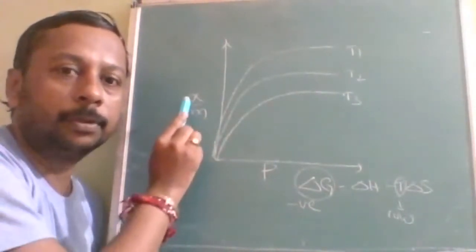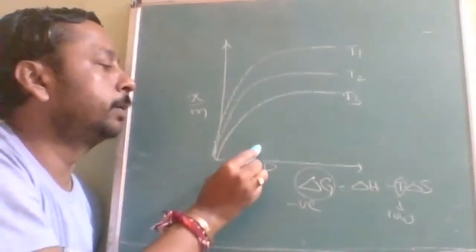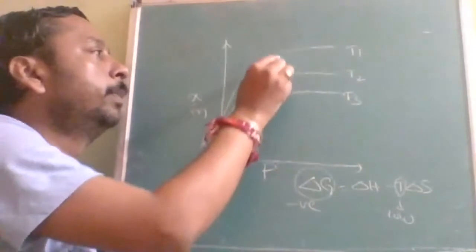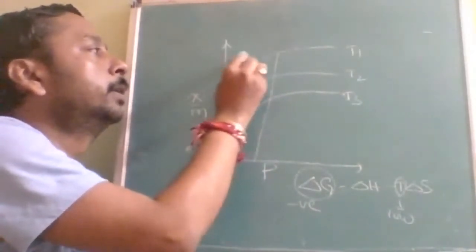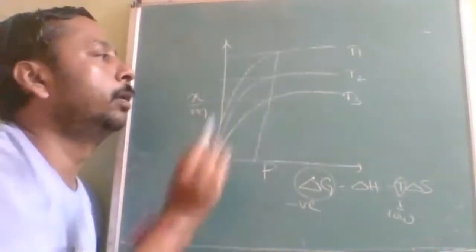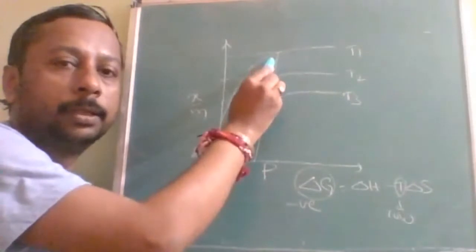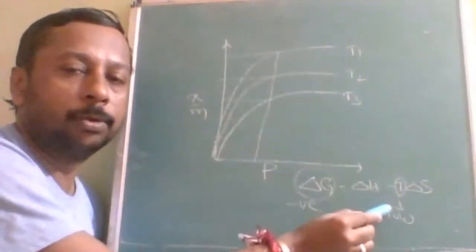Understood? So let us take the same pressure. When you apply the same pressure, at this temperature the X value is higher here, lower here, and further lower here. So here less spontaneous, here more spontaneous. More spontaneous means low temperature.